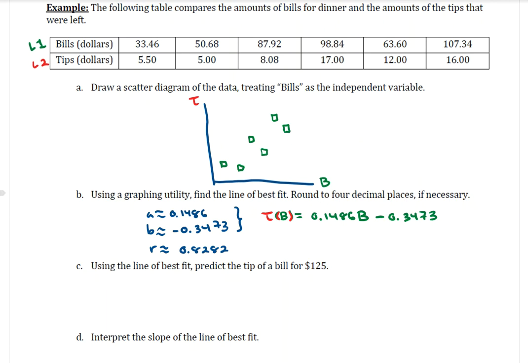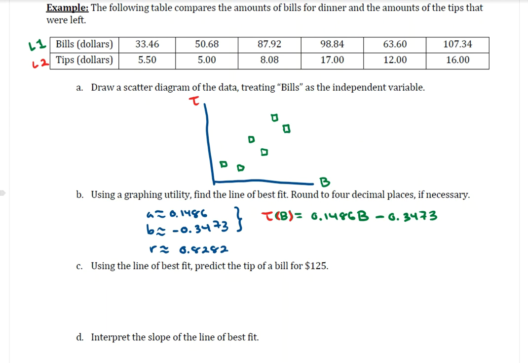And as you can see, the answers to parts A and B have been provided, and we're going to use the line of best fit from example part B to help us with these latter two parts. So if you look in example part C, it says using the line of best fit, predict the tip of a bill for $125.